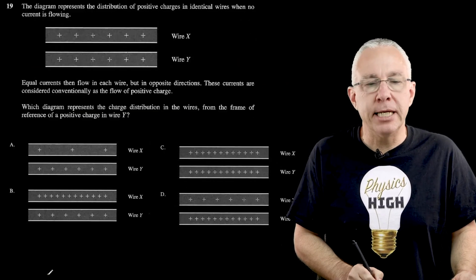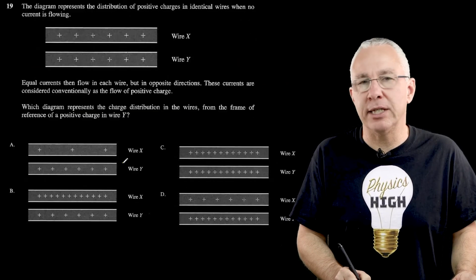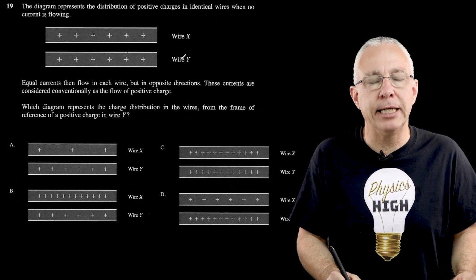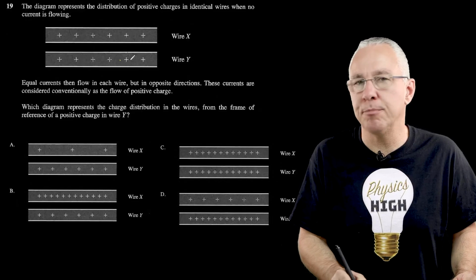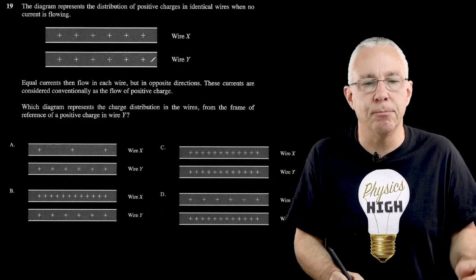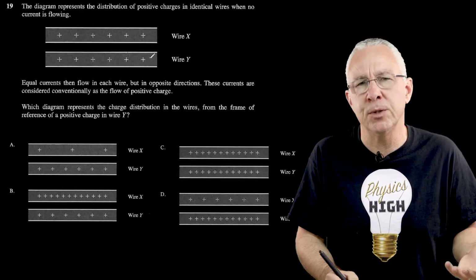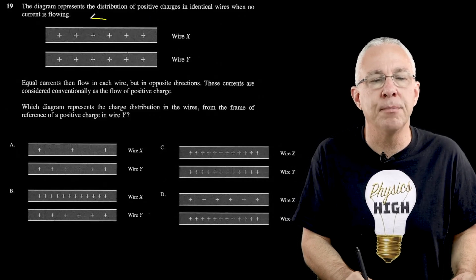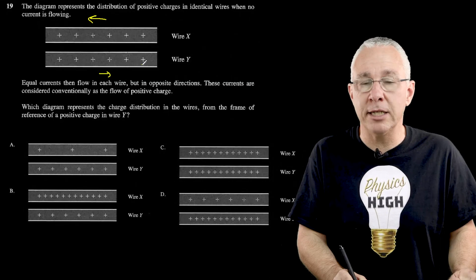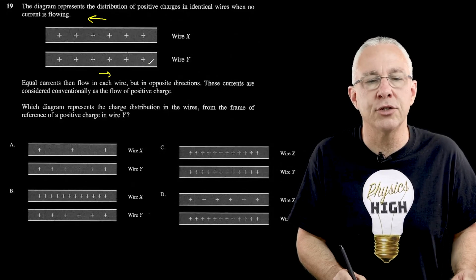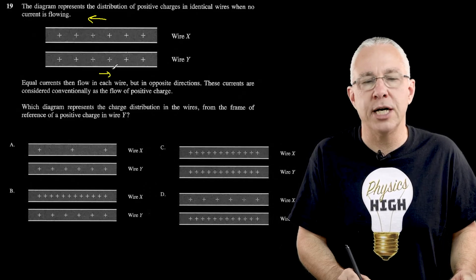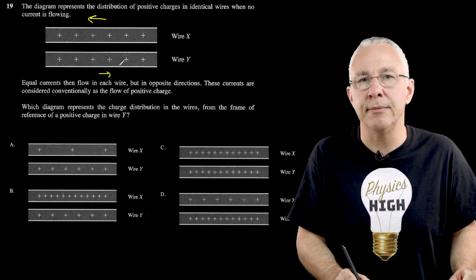Question 19 is actually all about special relativity, in specific in terms of length contraction. What's happening here? We have two rows of positive charges that are supposedly moving. Of course, we know that electrons are moving, but we'll use the positive charges. Because the charges are moving in opposite directions, from the perspective of charges in Y, two important things can be determined. First of all, the other charges within Y are staying the same distance.